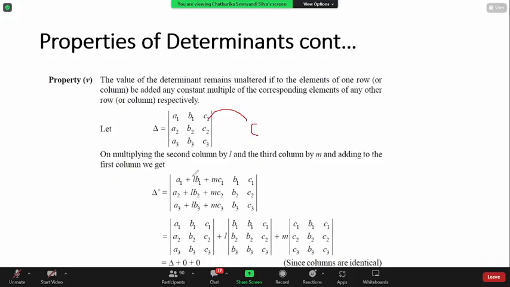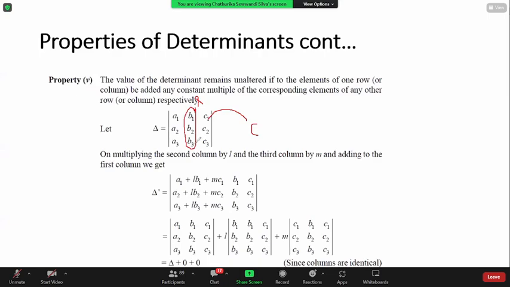Now what we are doing, you will see, is we select the second column and multiply it with a particular constant. Here the constant is L, whatever the constant it can be.